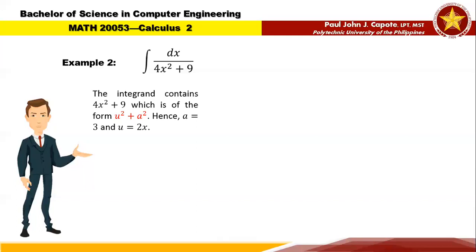of the integrand contains 4x squared plus 9, which is of the form u squared plus a squared. Hence, a is equal to 3, the positive square root of 9, and u is equal to 2x.